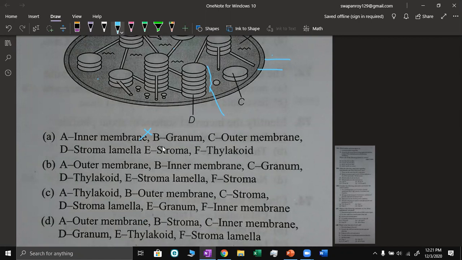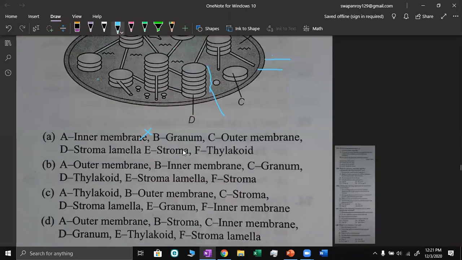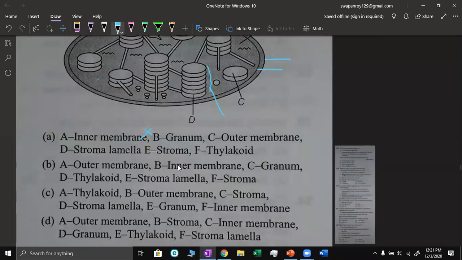B is not the granum. In option B, what is there? A, outer membrane. B, inner membrane. C, granum.